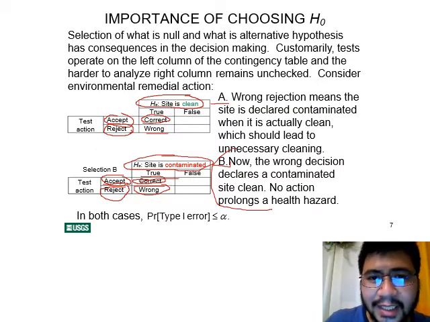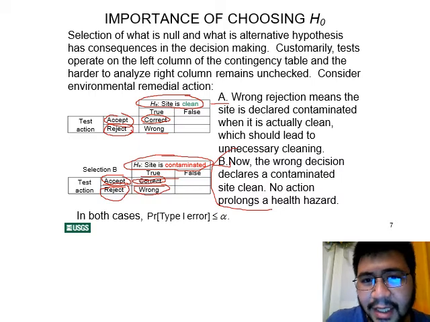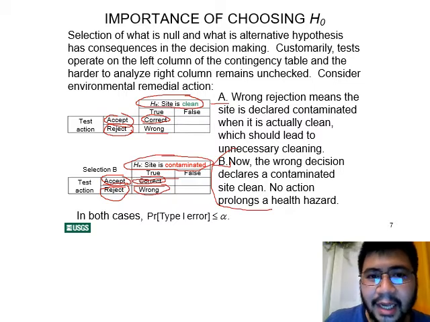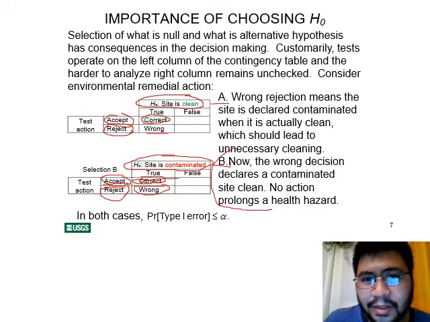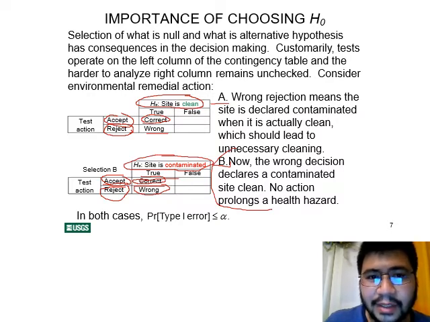Now, if you reject this null hypothesis, there is a 5% chance of being wrong. You basically say that I think the person doesn't like me back, so we go with that. There's a 5% chance that the person actually likes you. So it's quite sad.